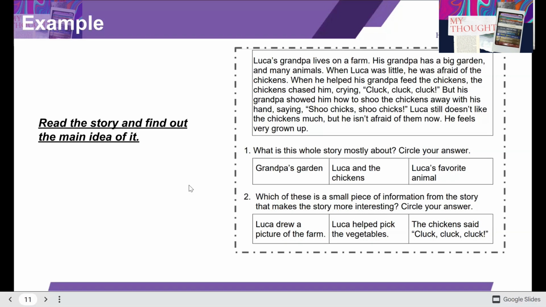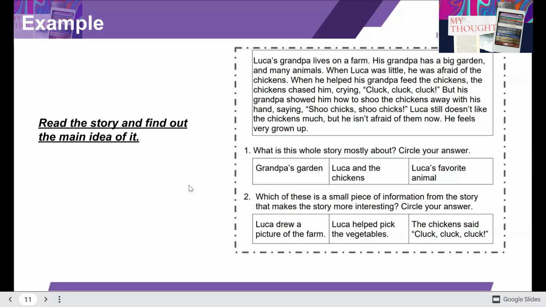How about you, Amit? In the last sentence, when the writer is concluding his idea, he feels very grown up. He used the adverb very. He is addressing the growth of Luca, the friendship between Luca and the chicken.